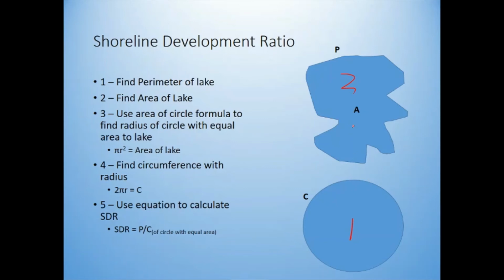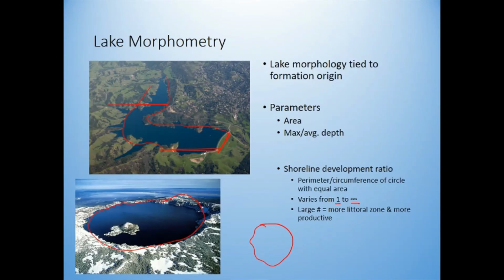Whereas this lake, which is really jagged and has all sorts of different shoreline, has more littoral zone. So the larger the number, the more littoral zone and the more productive it will be.